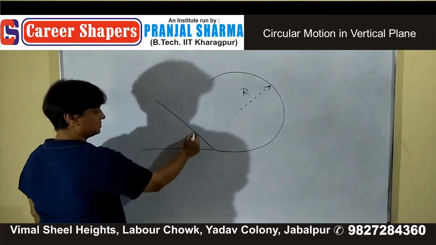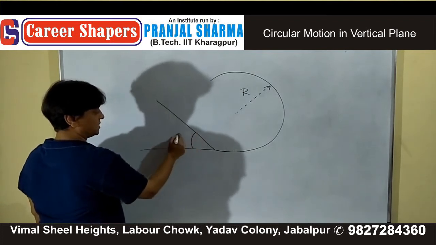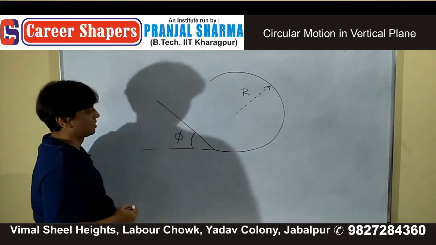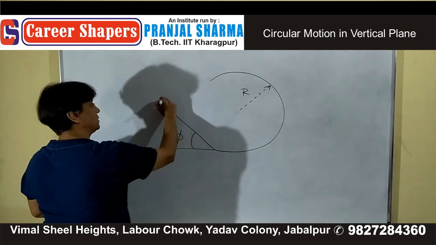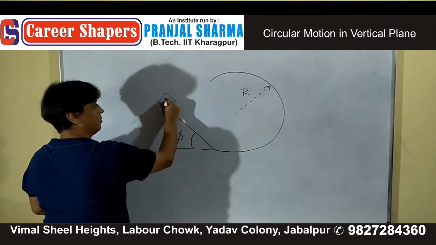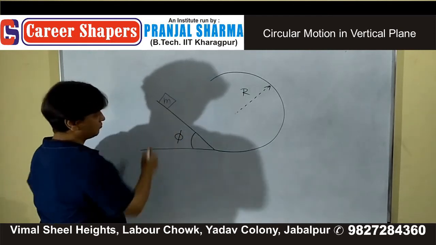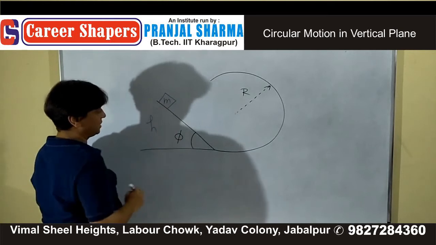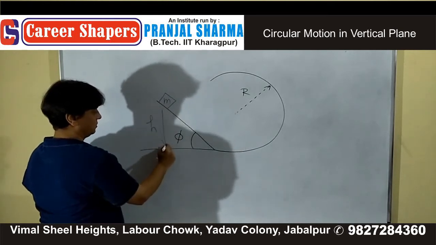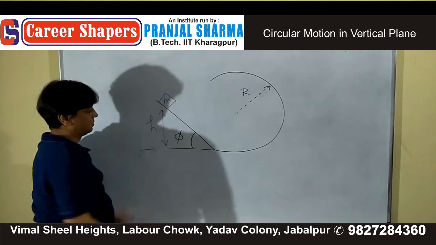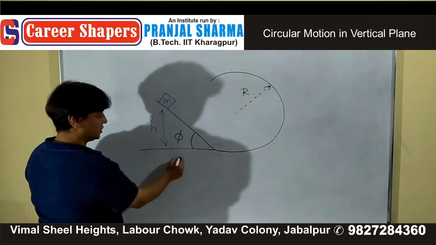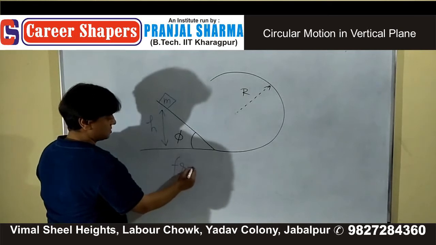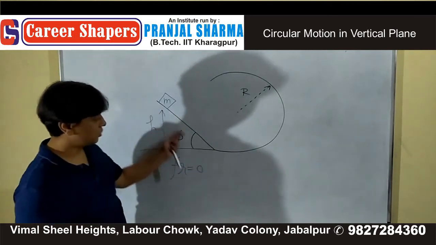Inclined surface, let's say this angle is phi. An object of mass m is released from this height h. There is no friction anywhere along the path.